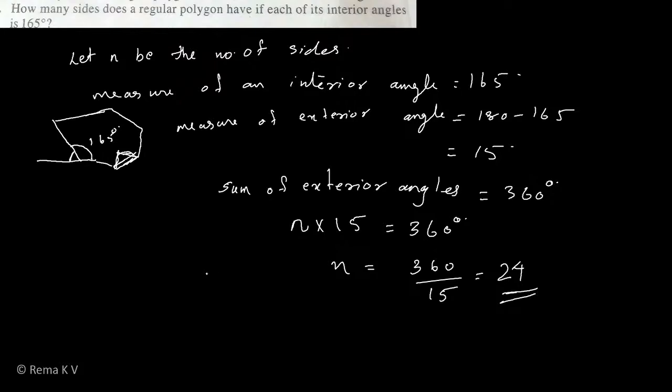Okay, now the next one. First question: is it possible to have a regular polygon with measure of each exterior angle as 22 degrees?